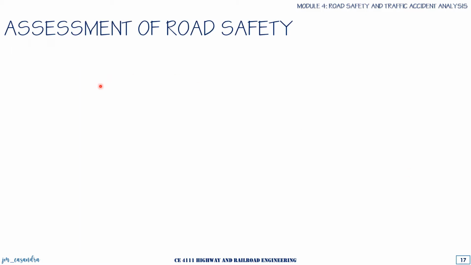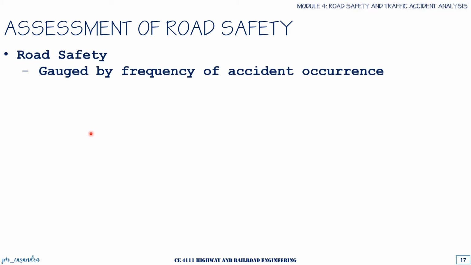Okay? So with that, we now assess our road safety, which is defined or is measured in terms of the frequency or the rate of accident in a certain road section or in a region. So road safety, we could identify that the road is safe if the frequency of accidents is very minimum. Kung mataas yung frequency, yung rate of accident, then we could say that the road under study would be a hazardous location, or it attracts accidents more likely.